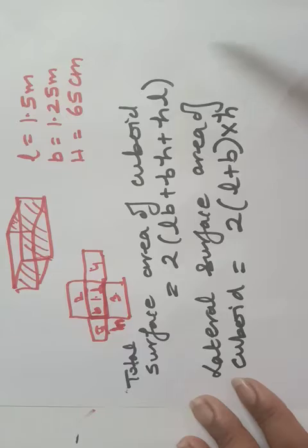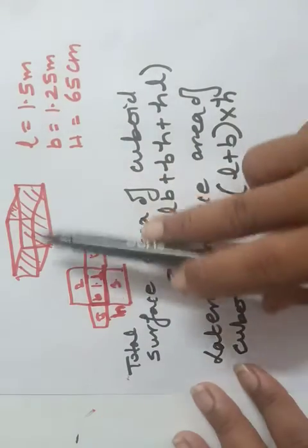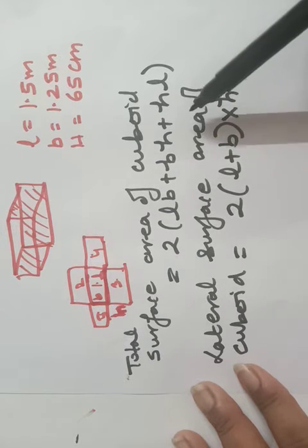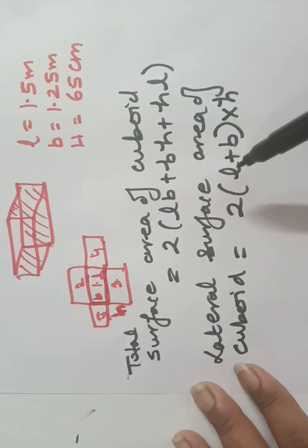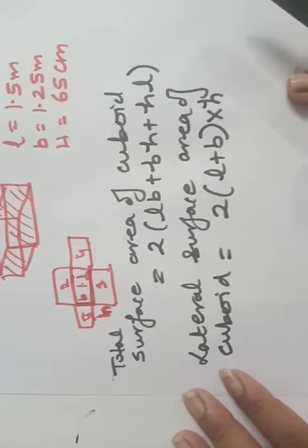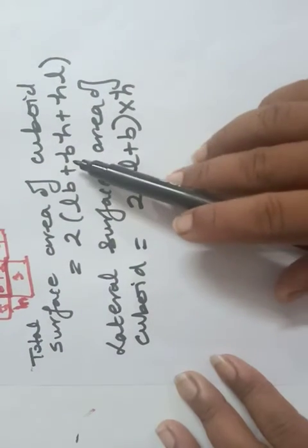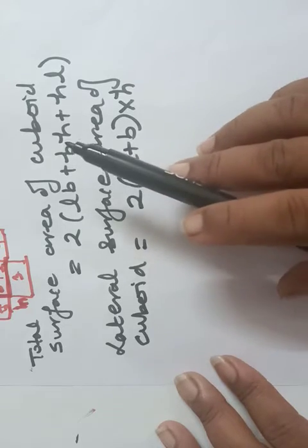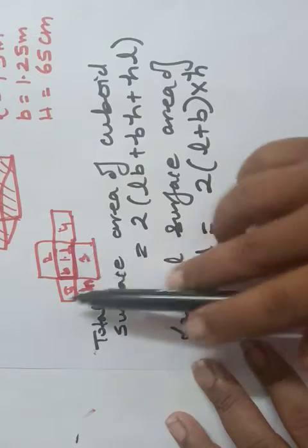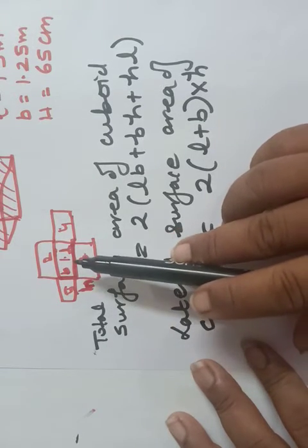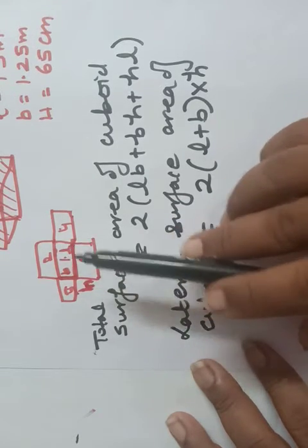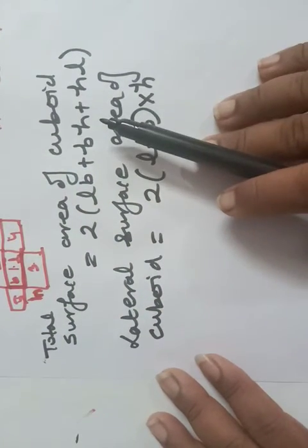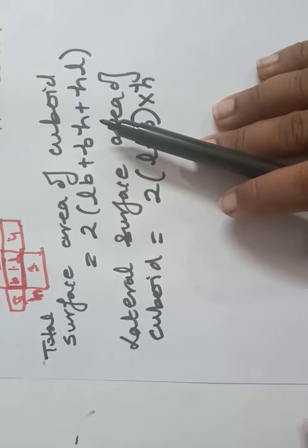Now come to the question. The question is about there being no top. We can find the surface area by using this formula also and by using that formula also. How? When we talk about the total surface area, it means all 6 surfaces are used. Here 5 surfaces are there, as the top is not here. If the top were here, there would be 6 total surfaces in the cuboid.